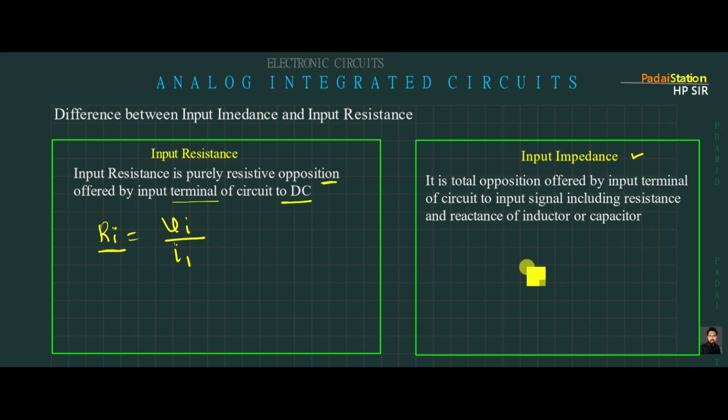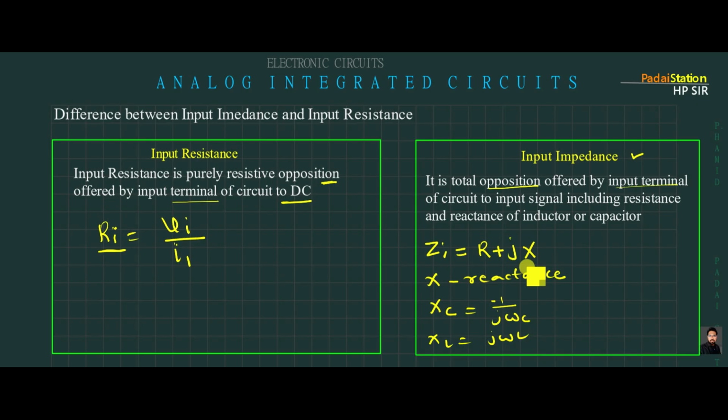X is the reactance of the capacitor or inductor. XC is equal to 1 by j omega C, that is minus j by omega C, and XL is equal to j omega L. It is the total opposition offered by the input terminal of the amplifier circuit to the input signal, including resistance and reactance of the inductor or capacitor, depending upon which one is present. So this is the difference between the terms input resistance and input impedance. Okay, let us move on to the next.